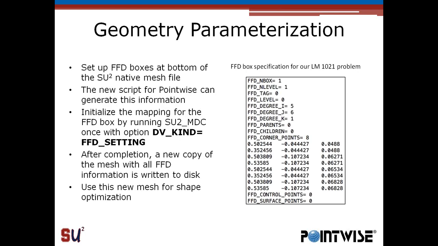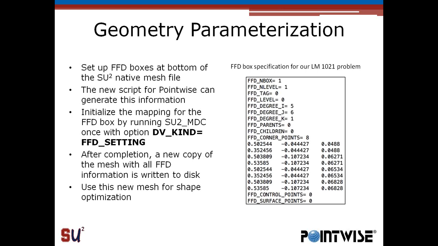Once you have that information from the Pointwise script, it looks like the information on the right that you see. This is going to define our FFD control box. In fact, this is the specific FFD box that we're using for the Lockheed Martin problem. You're going to take that information and append it to the bottom of the SU2 native mesh file. Once you do that, you'll notice that at the bottom, the control points and surface points are equal to 0.